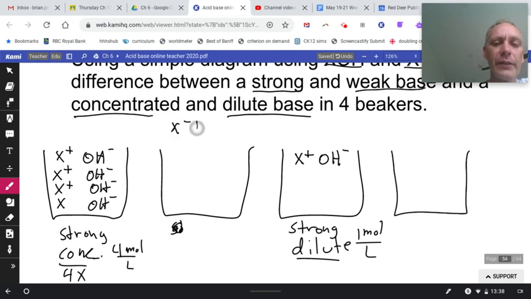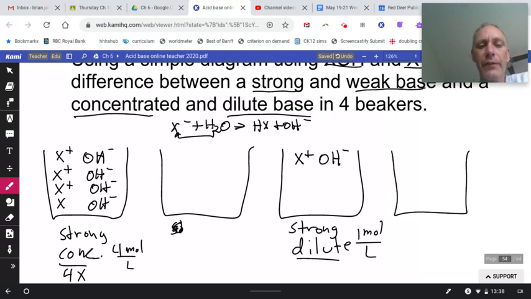Now, a weak base is usually something that reacts with water. So X minus can react with water to take an H plus, so it would form HX and OH minus. So that's if it reacts. So our weak base, how many of them will do that? A weak base that is concentrated.